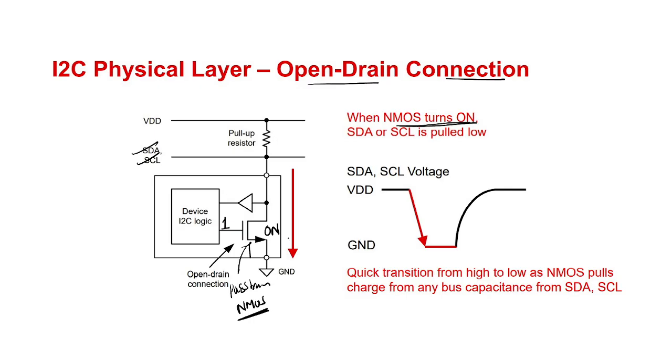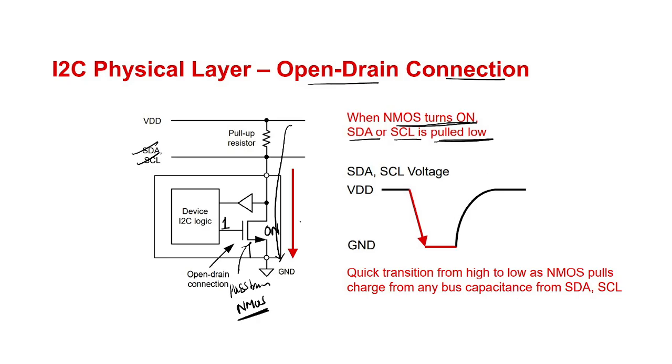The line is shorted, so SDA and SCL pass from VDD to ground. That means it will be pulled low. This is a quick transition from high to low, as the NMOS pulls charge from any bus capacitance on SDA and SCL.